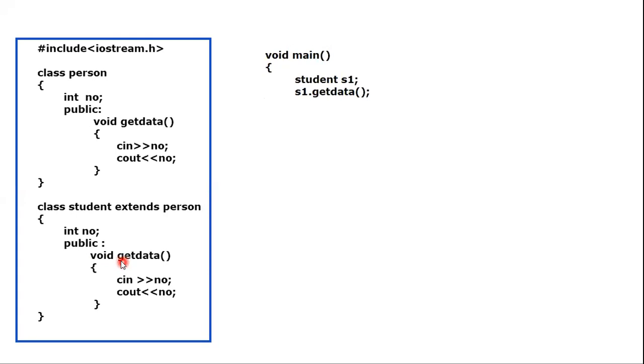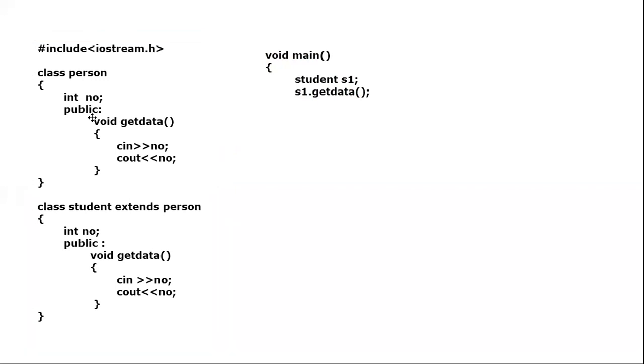To avoid this confusion, if you are using the same function in both derived class and base class, in the base class we mention the function as a virtual function using the keyword virtual. So just before this function, I'll mention virtual. So this becomes my virtual function. So when I write s1 dot get data, it is not going to access your virtual function.